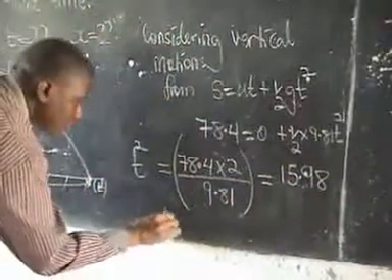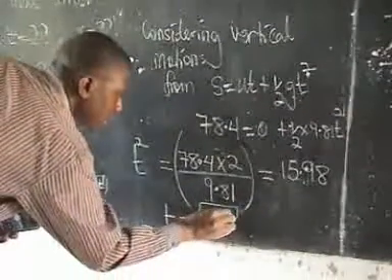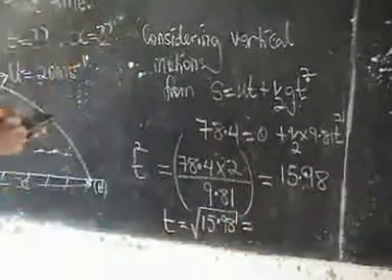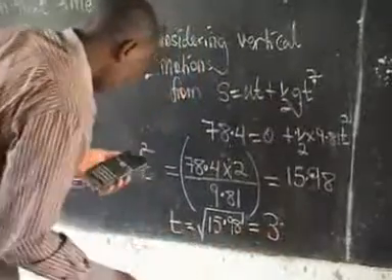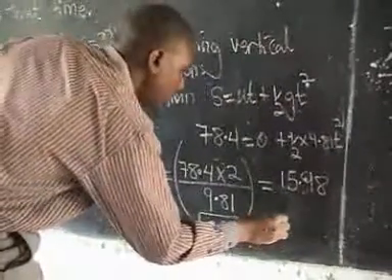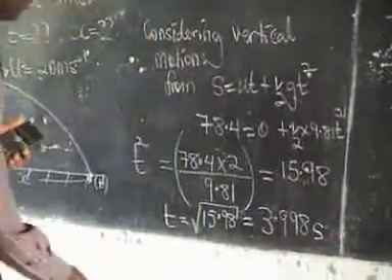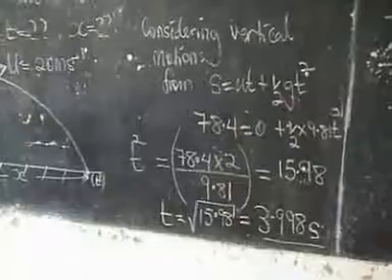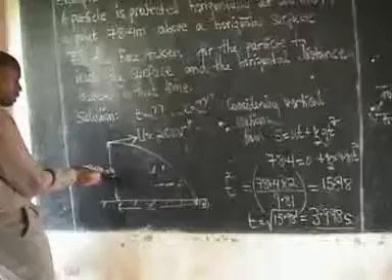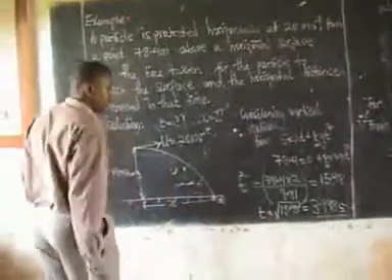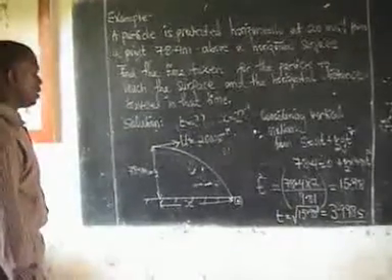And therefore our t is the square root of 15.98, which is equal to 3.998 seconds. That will be the time taken by this body to move from this point at an altitude of 78.4 meters onto the surface. So that is our first part, calculating the time.